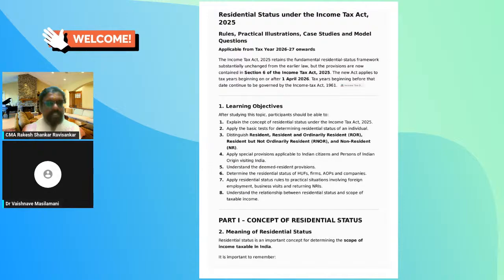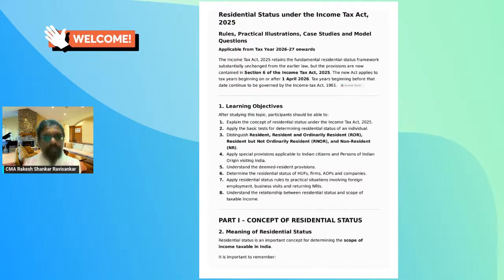Thank you, Vaishnavi. Hearty welcome to all the participants for the Study Circle on Income Tax Act 2025, the second lecture series on residential status. We have heard the overview of residential status. Basically, it is Section 6, which plays a very prominent role in deciding the nexus of taxation.